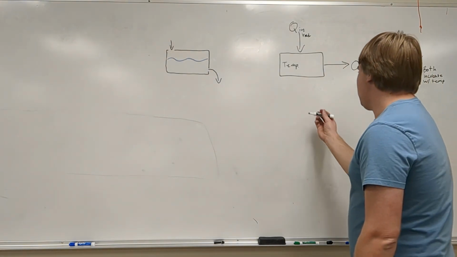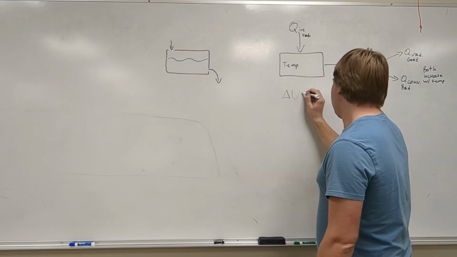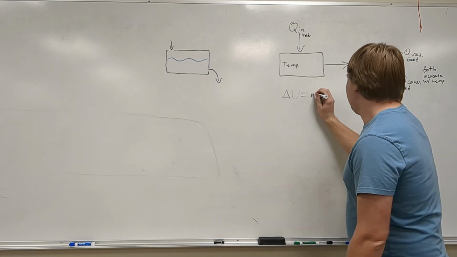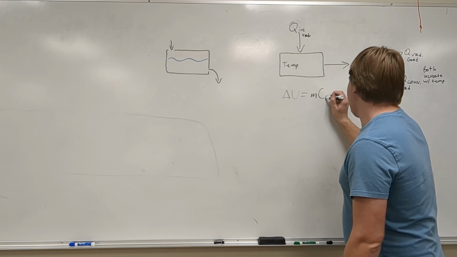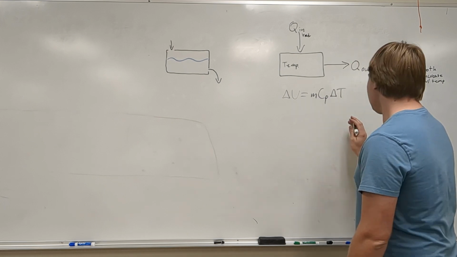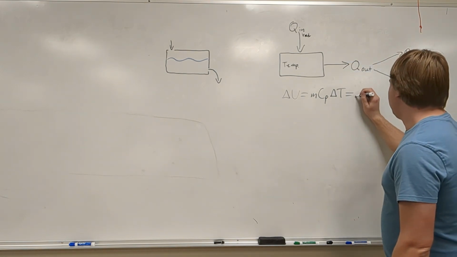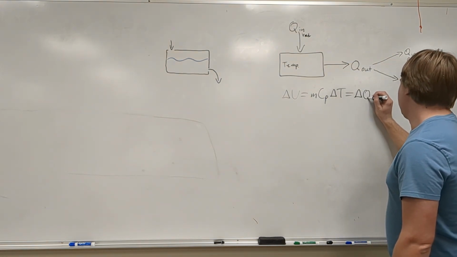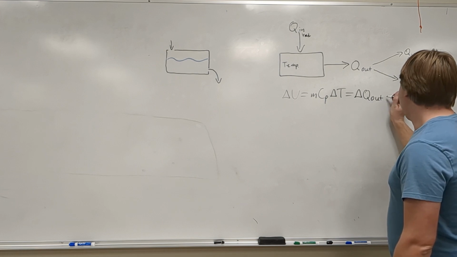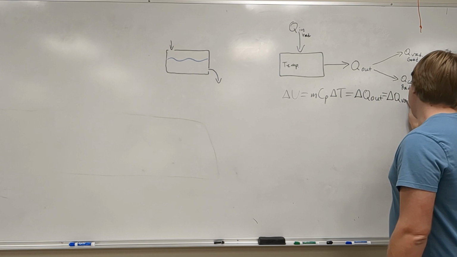So delta U, which equals mass times heat capacity times change in temperature, also equals the change in Q out, which is roughly the change in Q radiation.